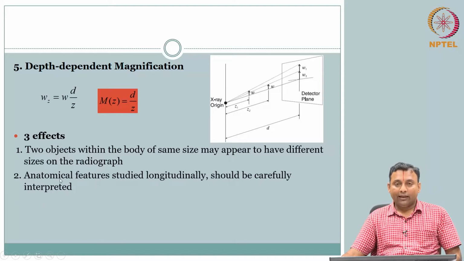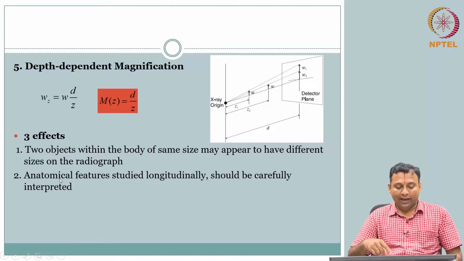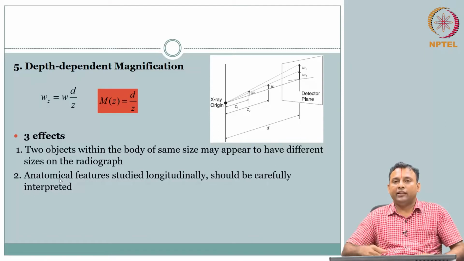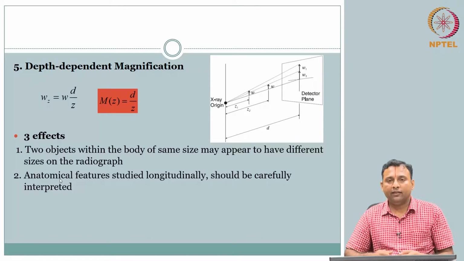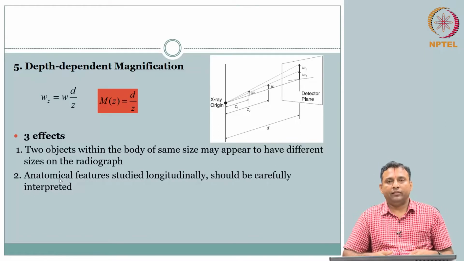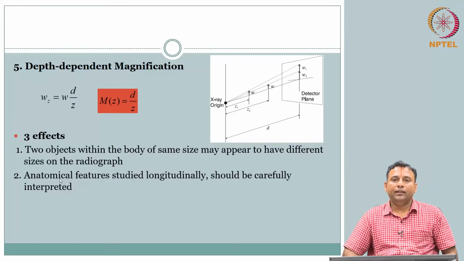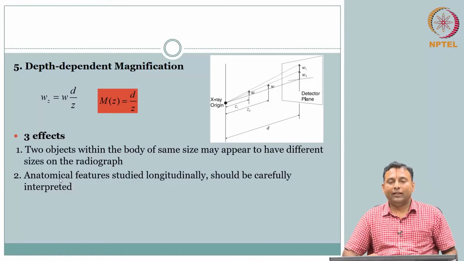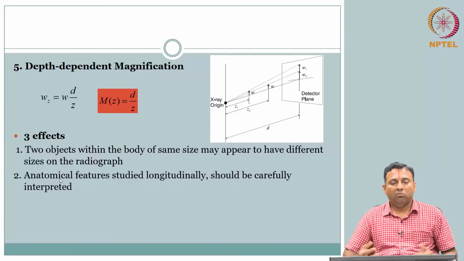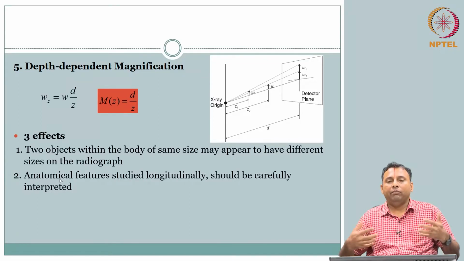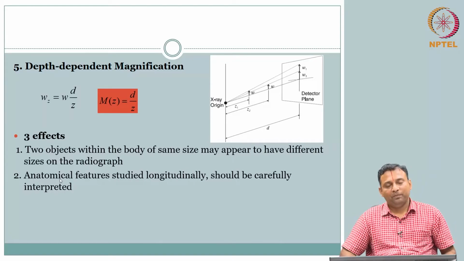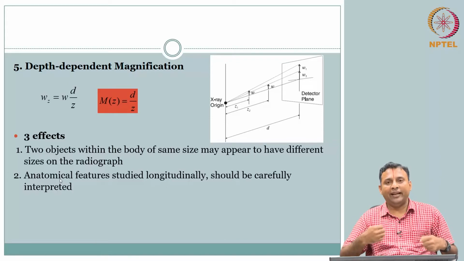The other, and this is a more challenging one, is studying anatomical features longitudinally. I go here and take a chest X-ray, for example, or an abdomen X-ray, whatever. I take it when I am, say, 150 kgs. And then I go after some treatment, dieting, all those things.